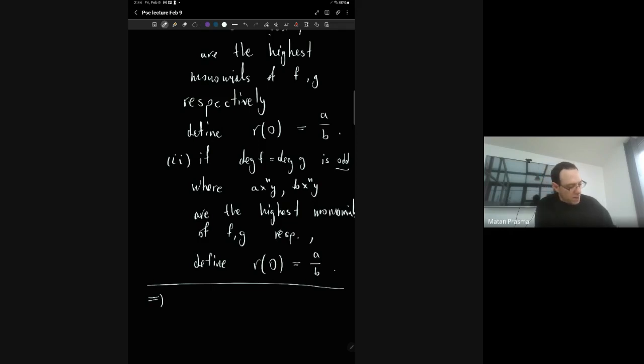So what I get is that I now have a full definition for the induced function of a rational function on E as an actual function on the k rational points into the projective line.